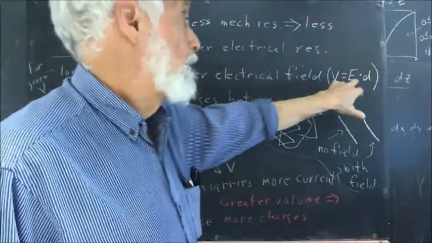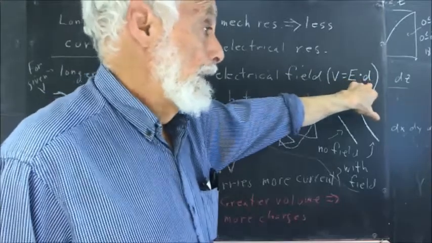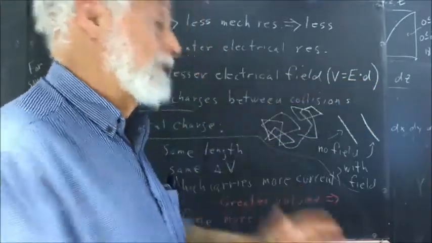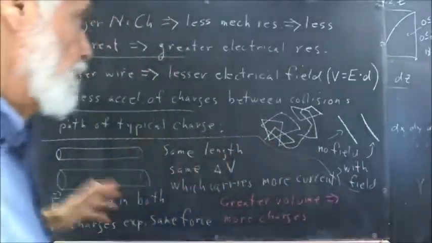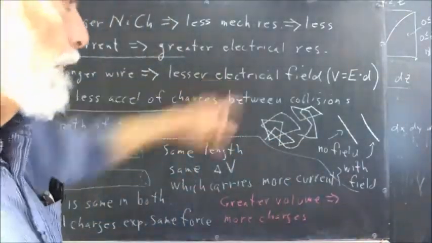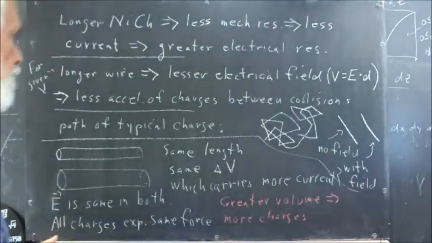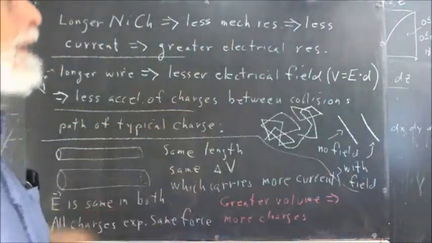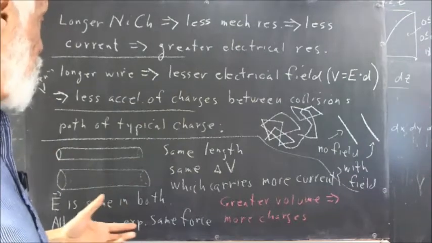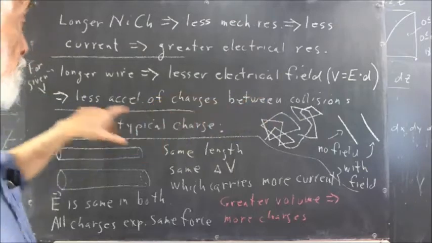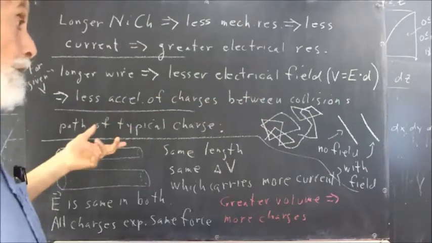Well, voltage is equal to your electric field times your distance, so that the electric field is voltage divided by distance or length, and the greater length or greater distance gives you a lesser electric field. Now, why is that important? Because the electric field is what accelerates charges between collisions. Okay? So, smaller electric field means less force on the charges.